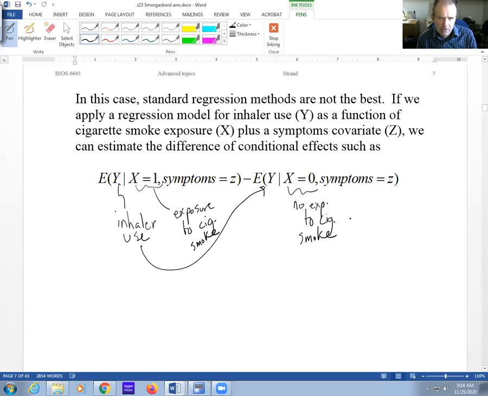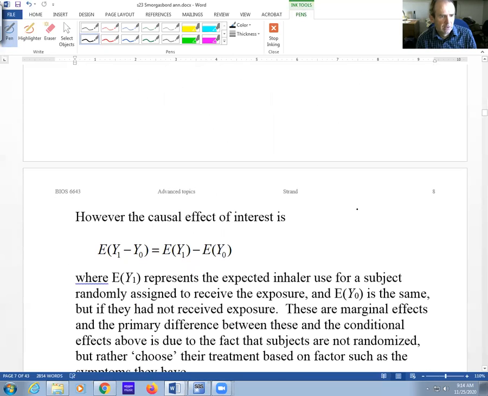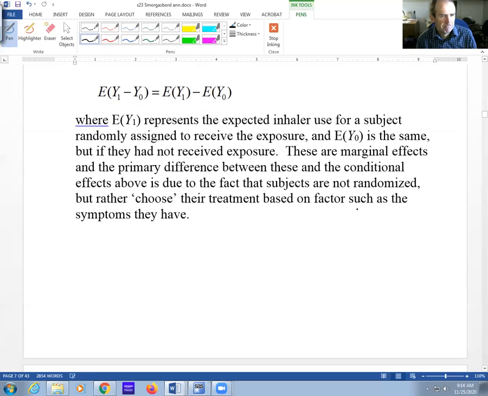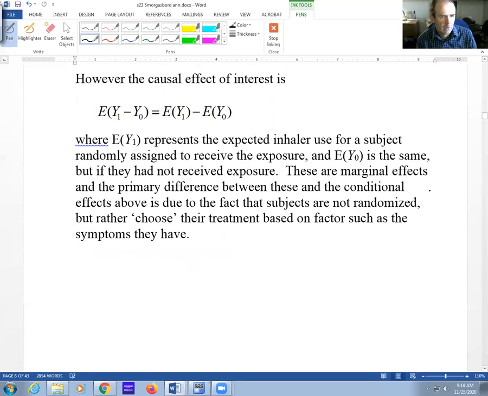And okay, it makes sense, but the problem is that when we do that conditional approach, the subjects can really choose their treatment based on their symptoms. What we really want is to randomize subjects, so we can consider this quantity.